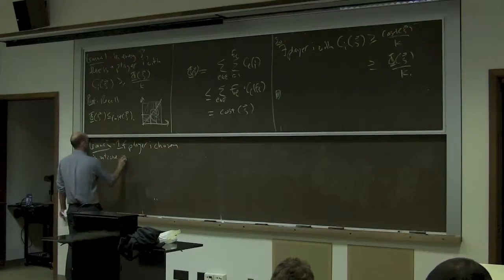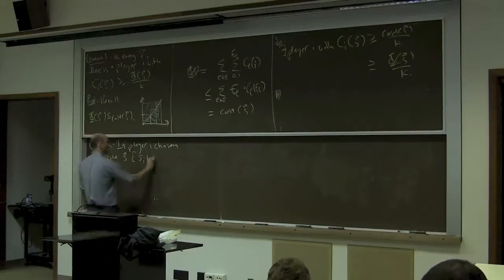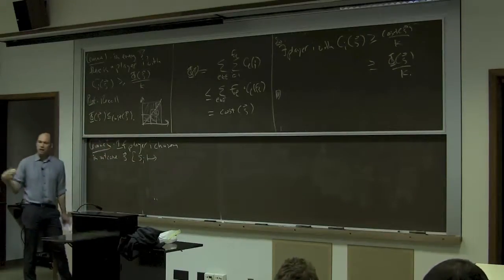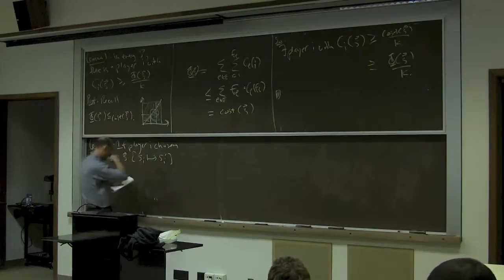So in some outcome S, S_I is going to be what player I was using before, and then when player I makes its epsilon move, that's going to be to the other strategy S'_I.